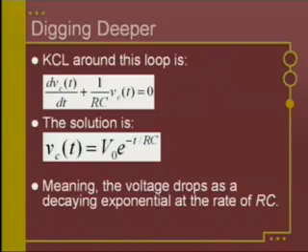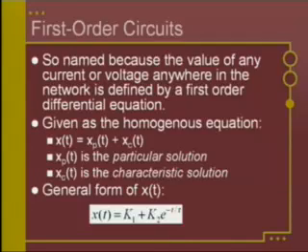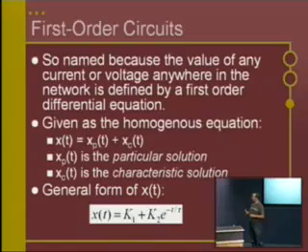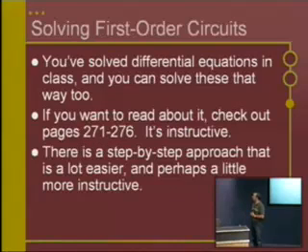Generically, all of these circuits will fit the first order differential equation solution of the form K1 plus K2 e to the negative t over tau, which are the particular and characteristic solutions for the differential equation itself.